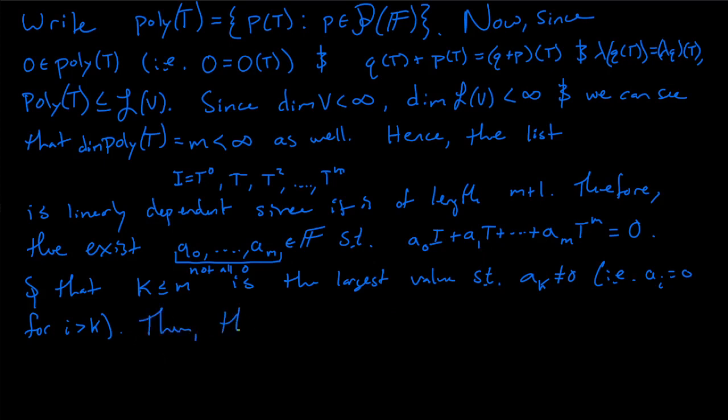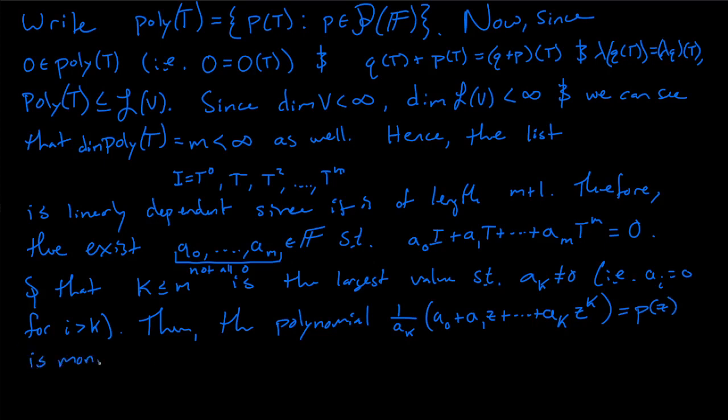Then the polynomial 1 over a_k times (a_0 + a_1 z + ... + a_m z^m), and really, if we're assuming that everything bigger than a_k is 0, I could just write this as up to a_k z^k. Let's call this p of z.